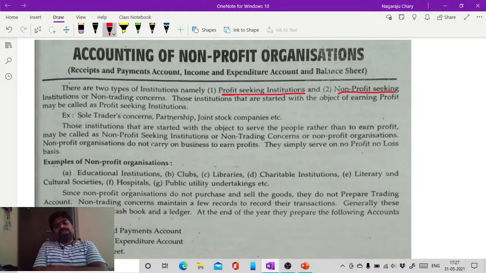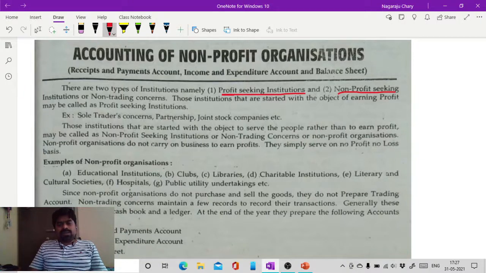The institutions or organizations established based on the profit motto are profit seeking institutions. Where profit is not the motto of the organization, that means the service motto, those are non-profit seeking institutions, or we can say non-trading concerns or non-trading organizations.